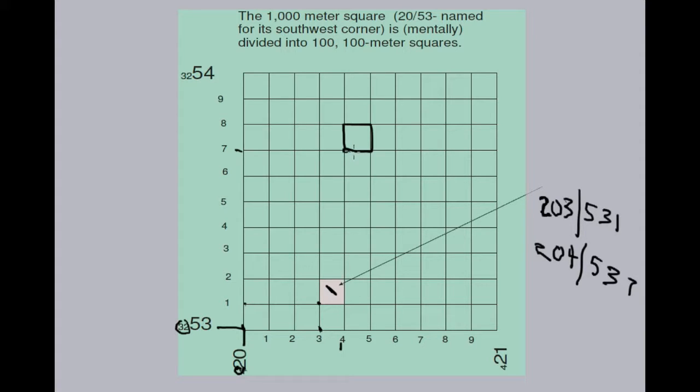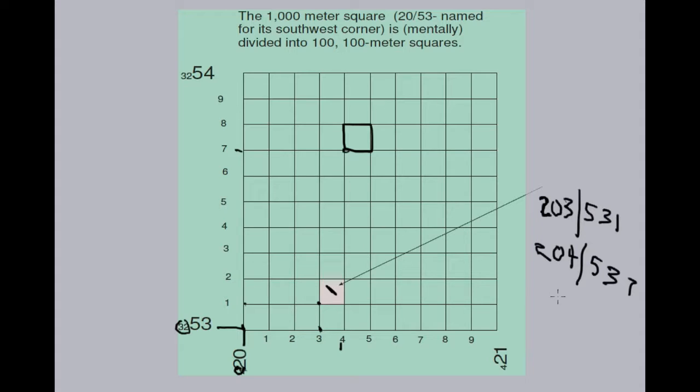For most land navigation purposes, that's about as accurate as you need to be. If you want even more accuracy, you can follow this on out and zero in on, let's say, this 204, 537 square, and you can break it into 10 square meters, and instead of having a 6-digit coordinate, you would have an 8-digit coordinate, and that would put you in a 10-meter square.